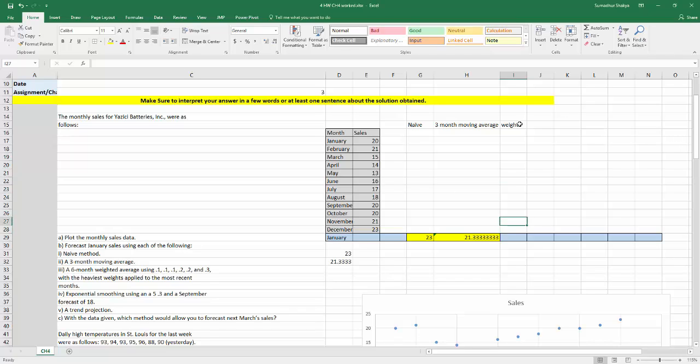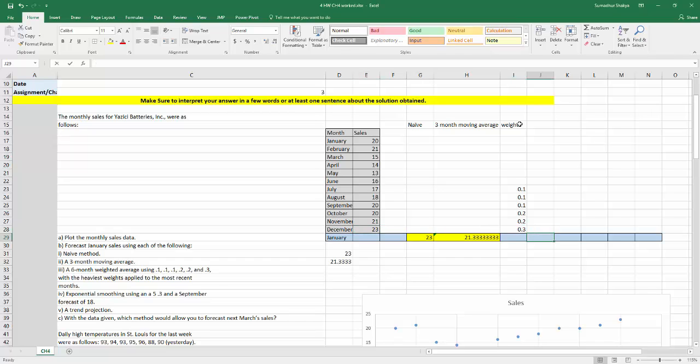Weights are given to us such that, for 6 months, 0.1, 0.1, 0.1, 0.2, 0.2, 0.3, and it is also given with the heaviest weights applied to the most recent month. So it's appropriate in writing it like this because 0.3 is associated with the most recent, which would be December.